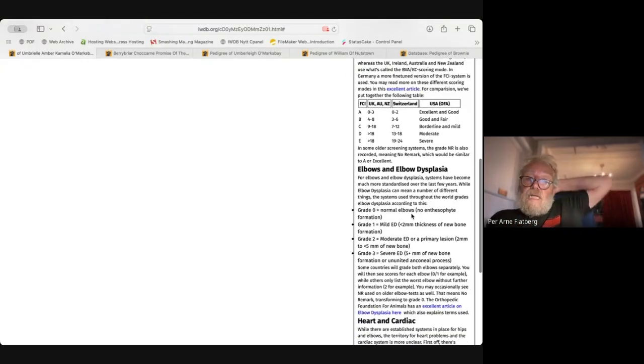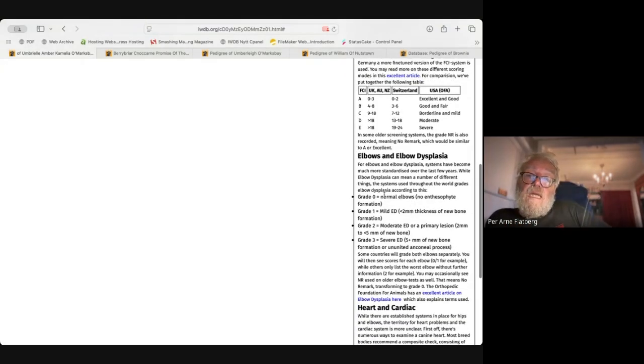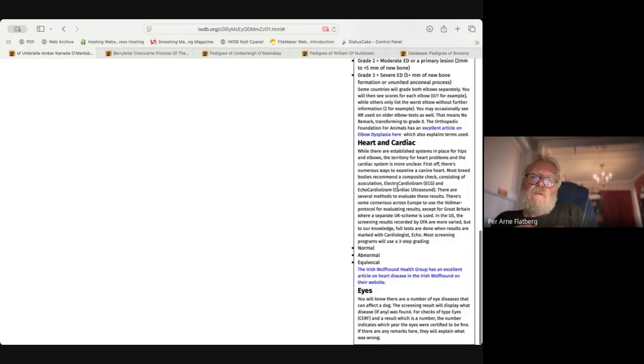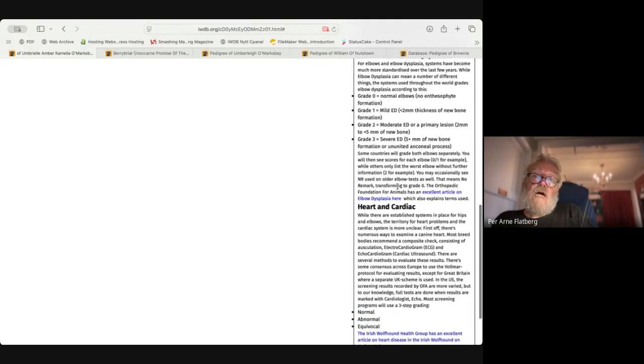And you'll have more or less the same in elbows, except we don't have that translation table. So grade 0 means normal elbows, whereas grade 1 means mild ED, less than 2 millimeter thickness of new bone formation on the elbows. And there's also some information on heart and cardiac and about eyes here.